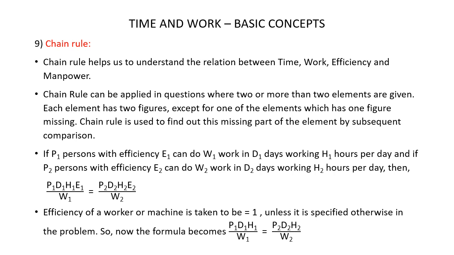Now efficiency of a worker or machine is considered to be equal to 1 unless it is specified otherwise in the problem. So if efficiency is taken as 1, then the formula becomes P1 D1 H1 divided by W1 is equal to P2 D2 H2 divided by W2.